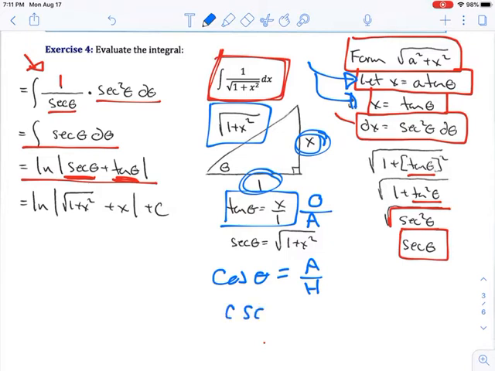So secant must be equal to hypotenuse over adjacent. That's one of those things I don't memorize. I figure it out. So the hypotenuse over the adjacent would be this divided by this, which gives me that. Tangent is opposite over adjacent, which is x over 1, or just x, and voila. We're done. Now that one was just too easy.